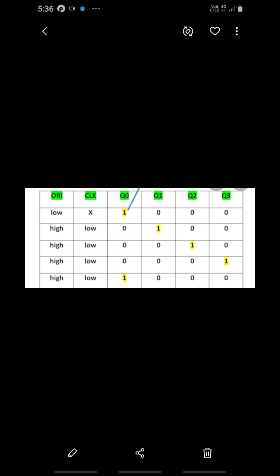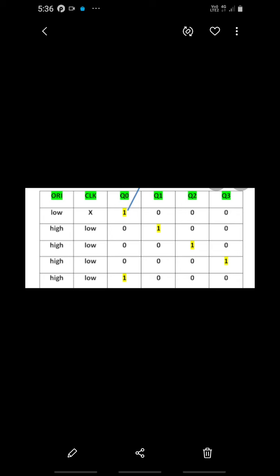After the third negative clock edge, the output word is Q equal to 0 0 0 1. And the fourth negative clock edge starts the cycle over because the rotate right produces 1 0 0 0.